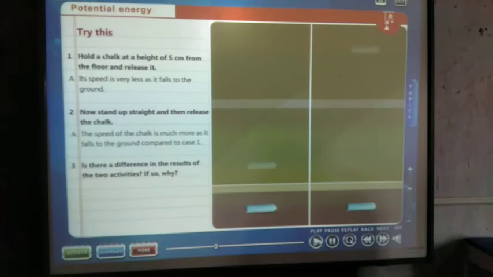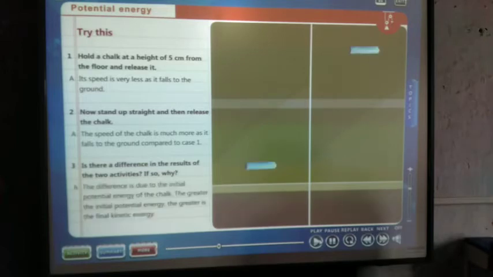Is there a difference in the result of the two activities? If so, why? The difference is due to the initial potential energy of the chalk. The greater the initial potential energy, the greater is the final kinetic energy.